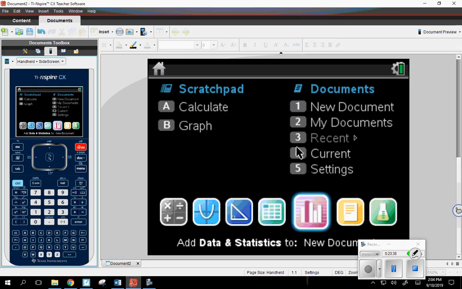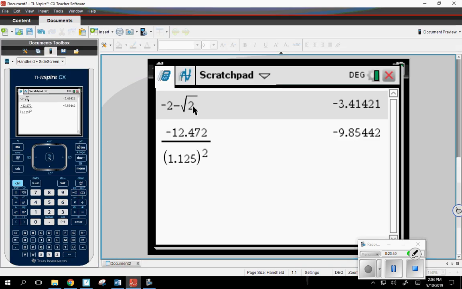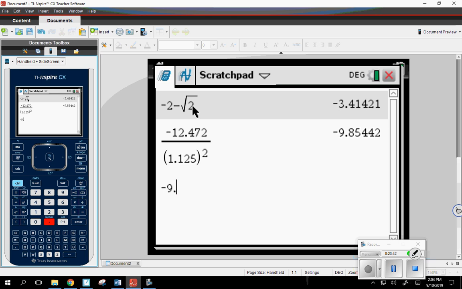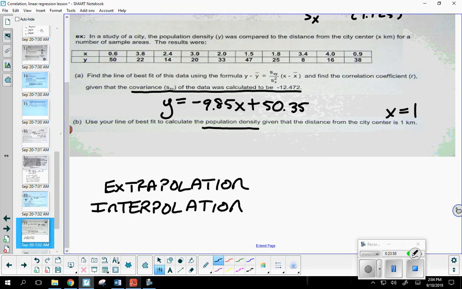Let's see, I'm going to go back over here, calculate. Negative 9.85. This isn't necessary, but I'm going to go ahead and times it by 1 anyway, plus, what was it, 50.35? So we end up with a population density, I'm getting 40.5. Now, would we say that's pretty reasonable?